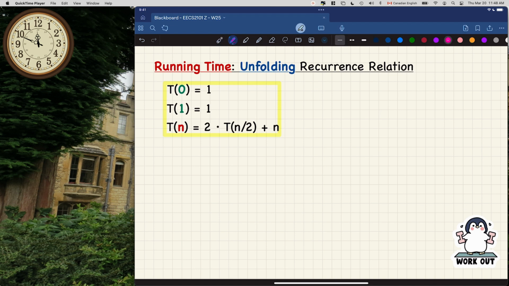Warm up. So we got T of n. What if n happens to be n divided by 2, half size?